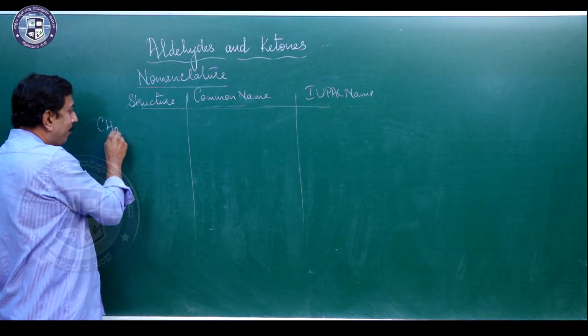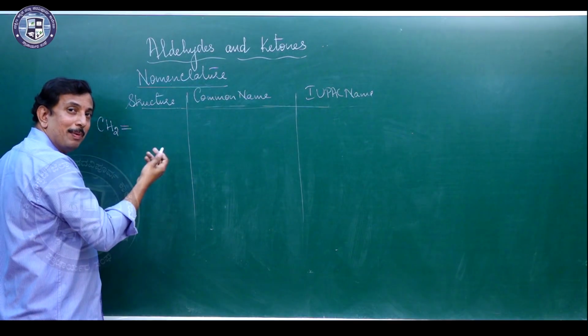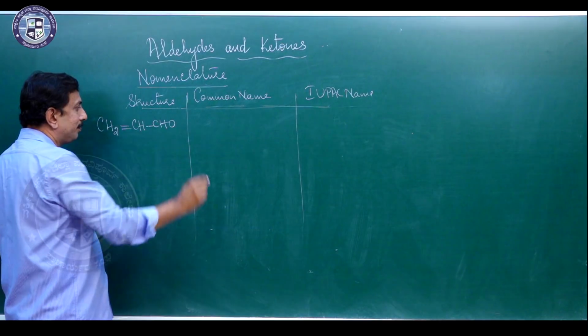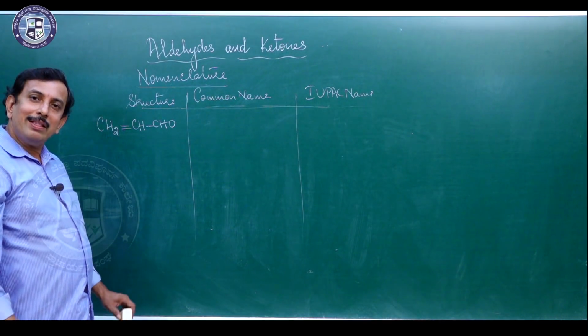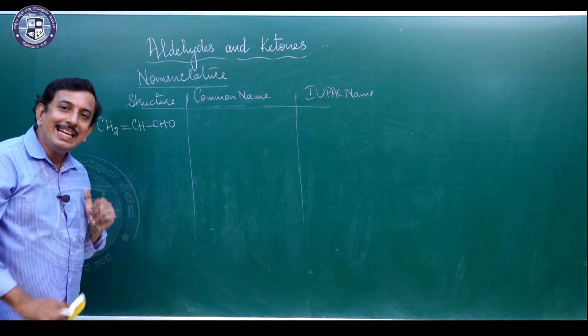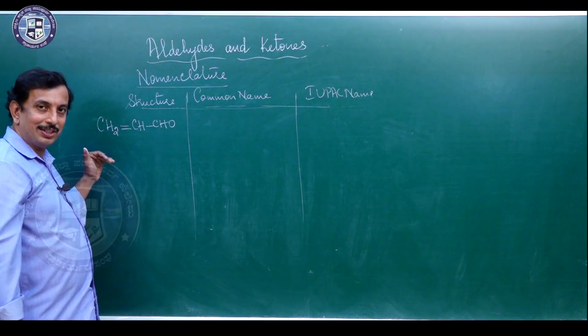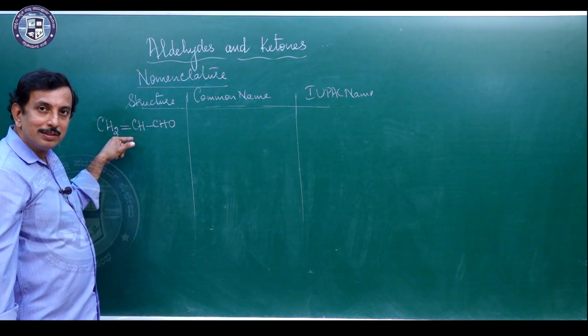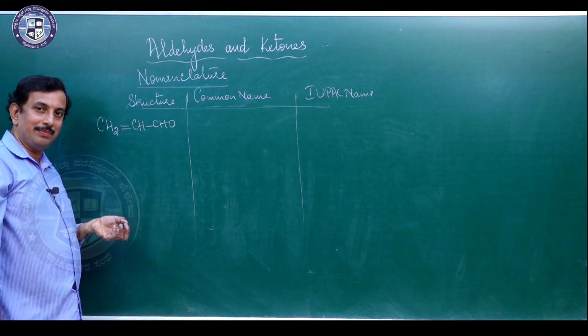I want to deviate slightly from what I have explained up till now, that is CH2 double bond CH, CHO. Now, this aldehyde, even though it is aliphatic in nature, is not saturated. You can see here in between these two carbon atoms there is a double bond, and therefore, it is unsaturated.